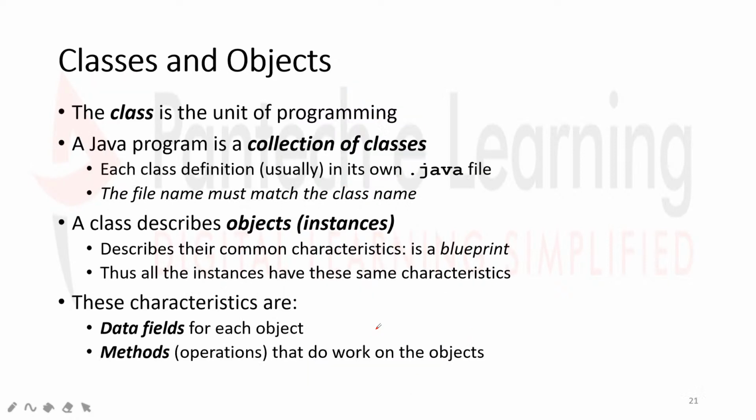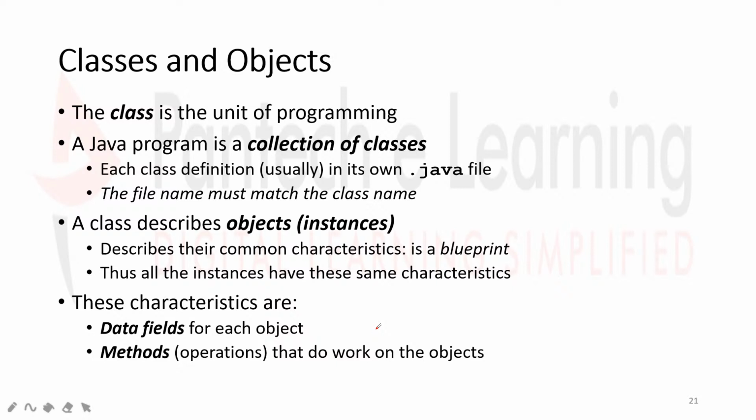Okay, so here we will see classes and objects. First of all, we will see the class. A class is a unit of programming. Unit of programming means all the program structures, methods and objects are saved in the name of a class.